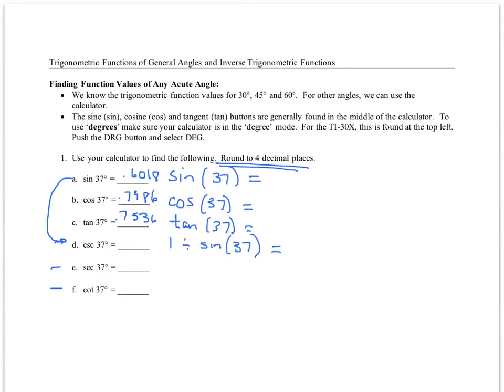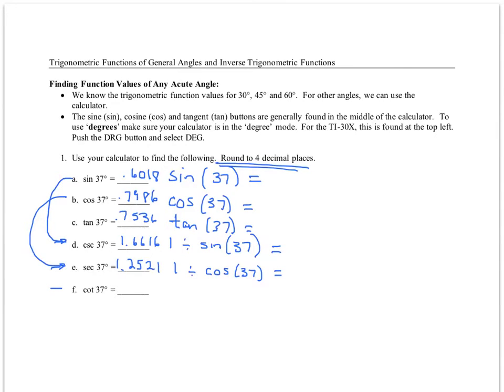And that result is 1.6616. Next, the secant of 37. And again, the secant is the reciprocal of the cosine, so you would do 1 divided by the cosine of 37 and then hit equals. And that's going to be 1.2521.